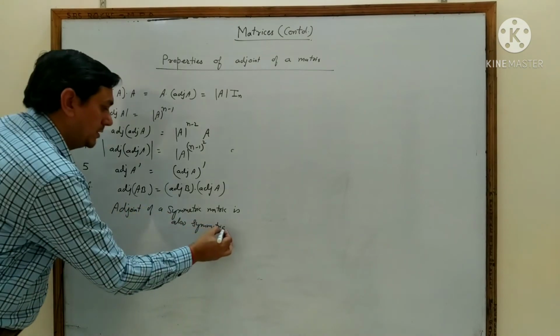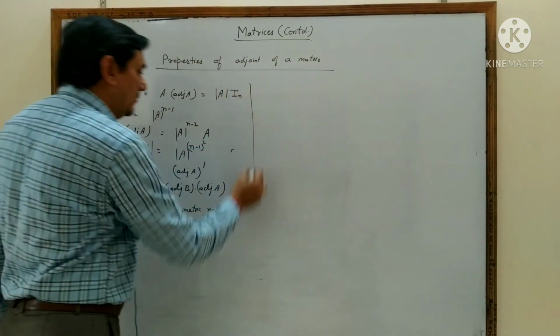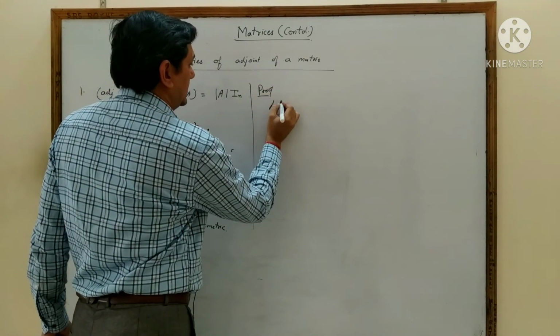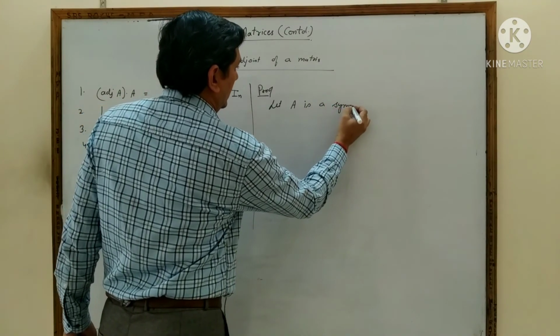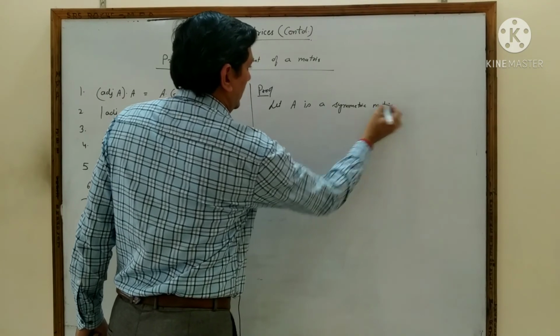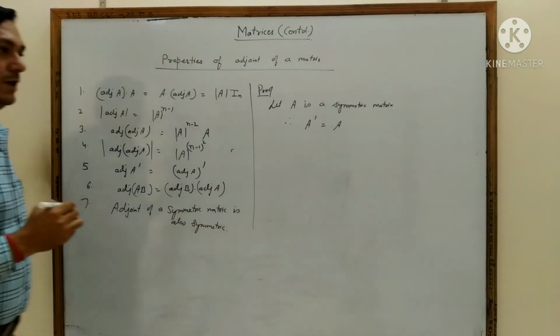You know, a symmetric matrix is a square matrix whose transpose is equal to itself. Let A be a symmetric matrix. Therefore, transpose of A will be equal to A.